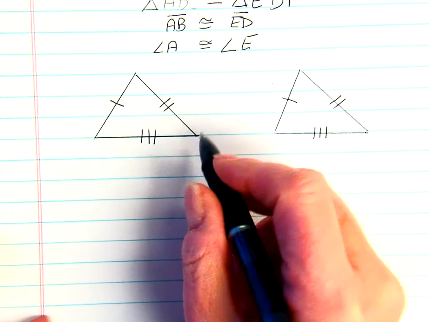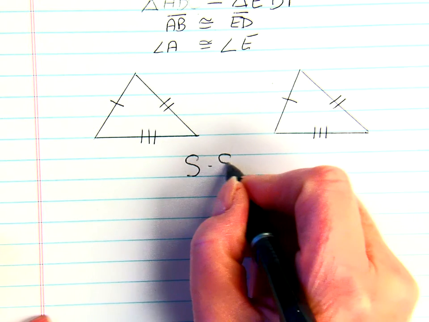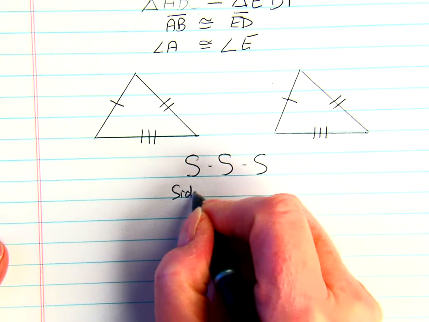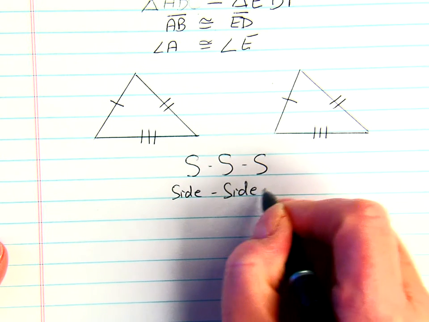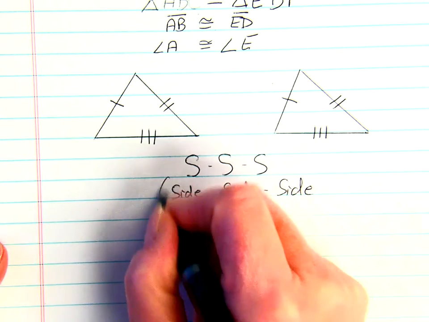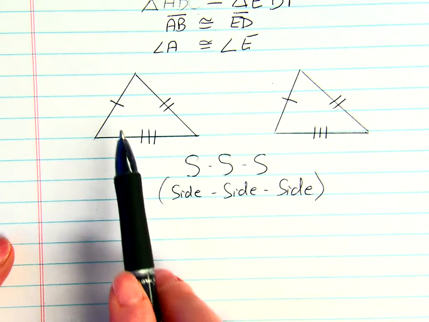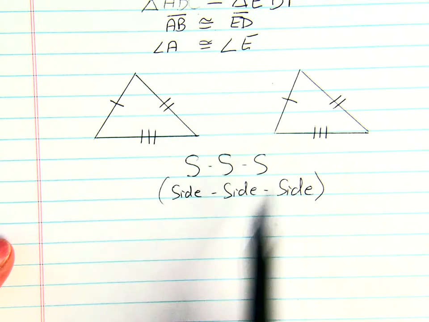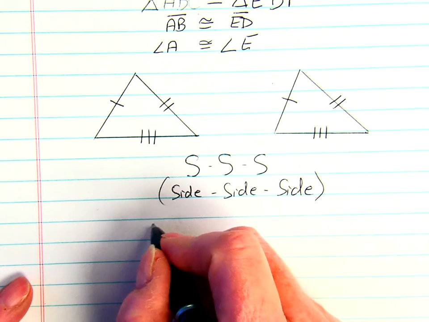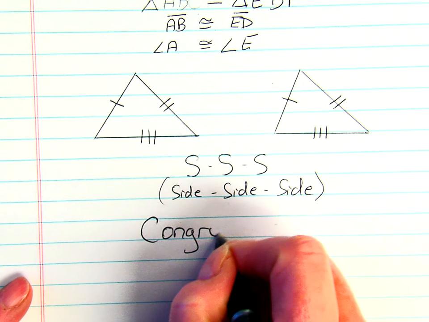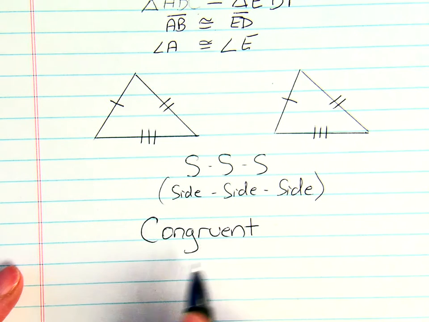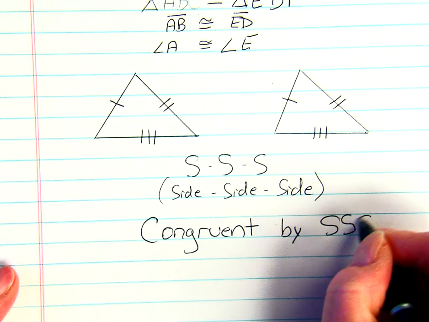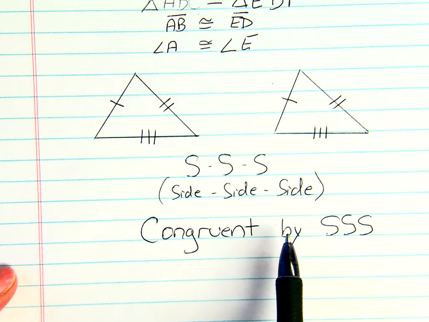This is going to be known as side, side, side. If you have this situation, SSS, where each side is congruent to another side on the second triangle, these are congruent triangles, and we say it's congruent by SSS. Congruent by side, side, side.